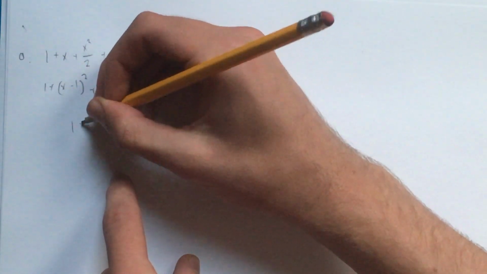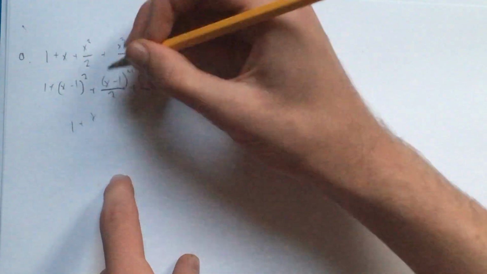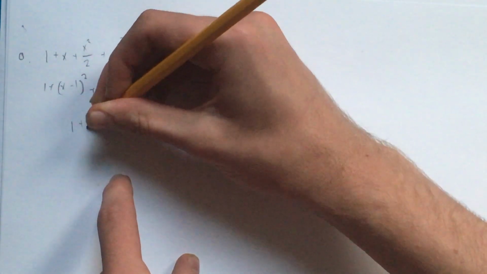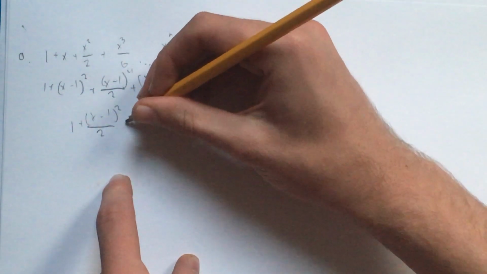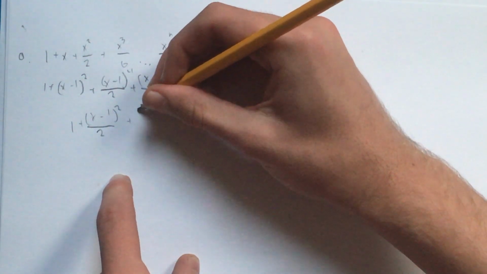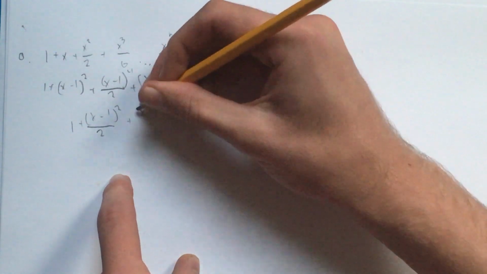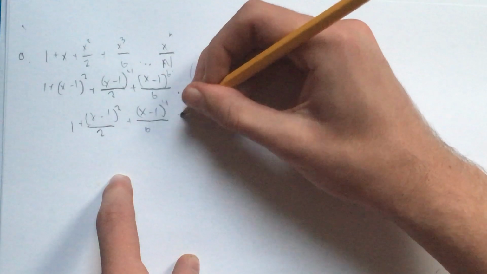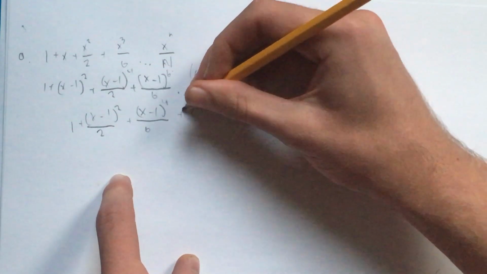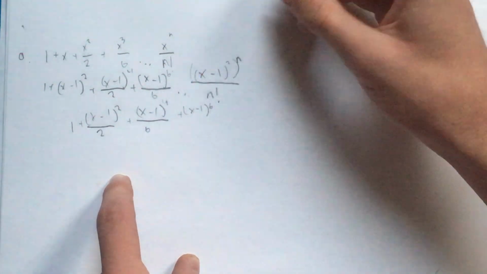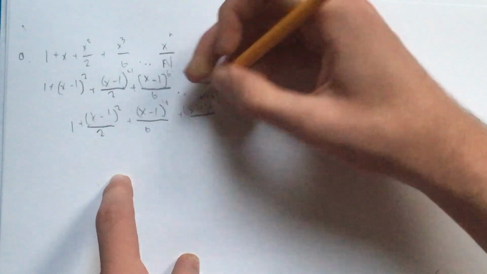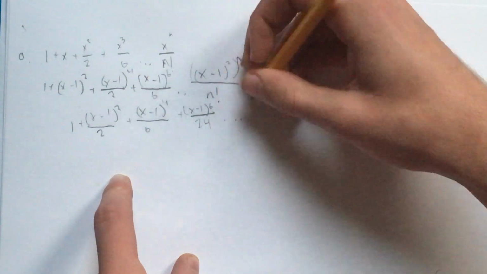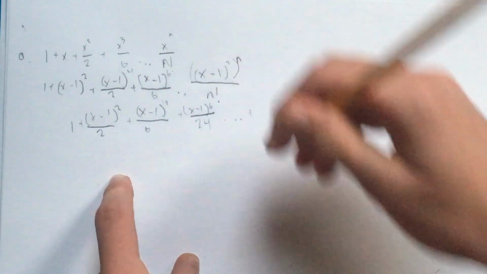If we do that, then we get minus 1, get rid of that, and this is just going to be 1 plus x minus 1 squared over 2 plus x minus 1 to the fourth over 6 plus x minus 1 to the sixth over 24, and so on.